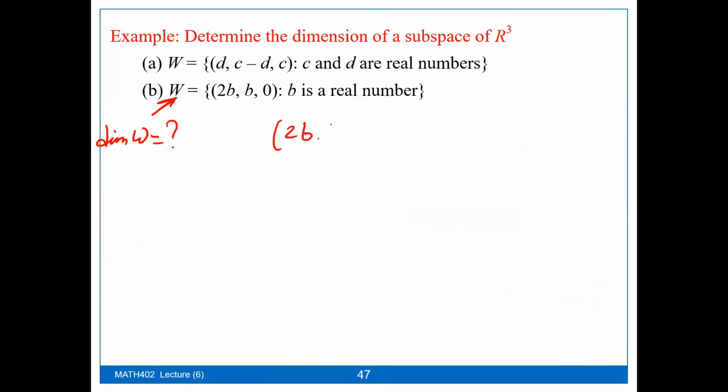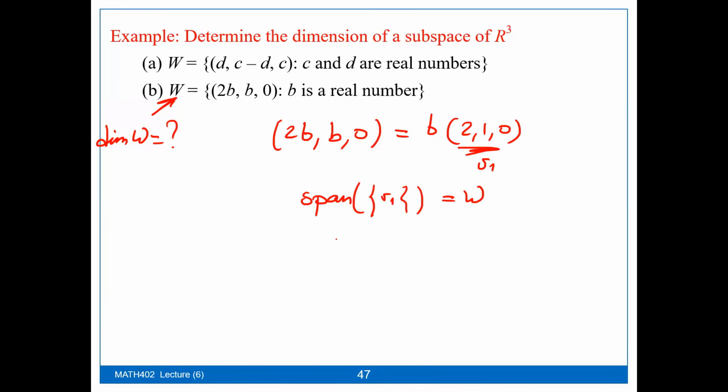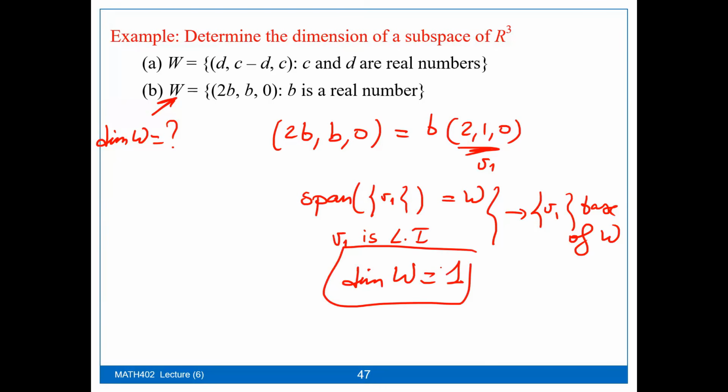Let's see, these are elements of W. So if we write (2, 1, 0) as V1, a spanning set, V1 is the whole W. And since it's one vector, by itself it is linearly independent, so V1 is the base of W, and the dimension of the subspace is 1 here. Yes, it's a subspace of dimension 1. Okay, and (2, 1, 0) is the base of this subspace.